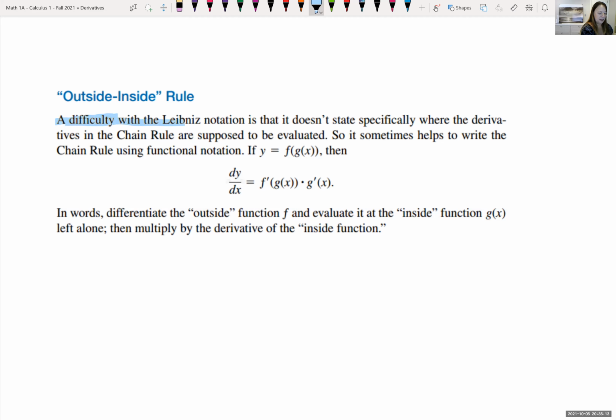A difficulty with Leibniz notation is that it doesn't state specifically where the derivative and the chain rule are supposed to be evaluated. So sometimes it helps to write the chain rule using function notation, y equals f of g of x.